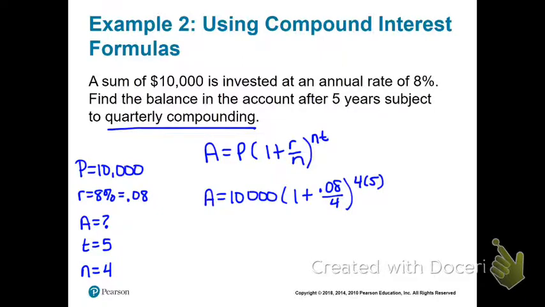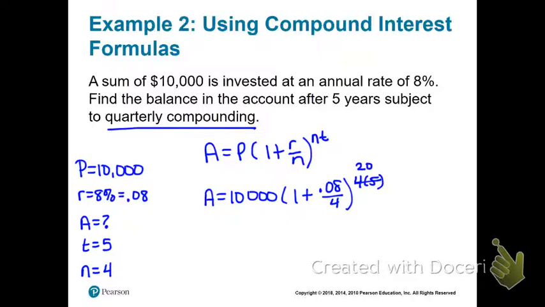Just be careful when you go to put this in, especially with that exponent, since it has more than one number up there. Sometimes it's just easier to go ahead and multiply them. We know that 4 times 5 is 20. So I could just do 10,000 times 1 plus 0.08 divided by 4, close that parenthesis, and then raise it to 20. Or if you want to do 4 times 5, you could.